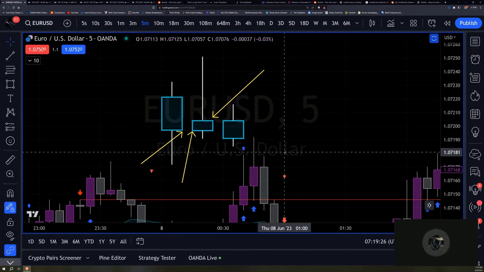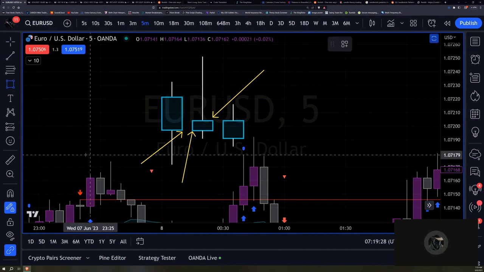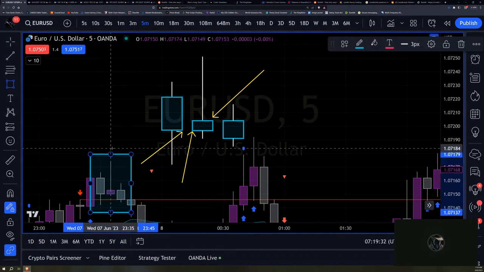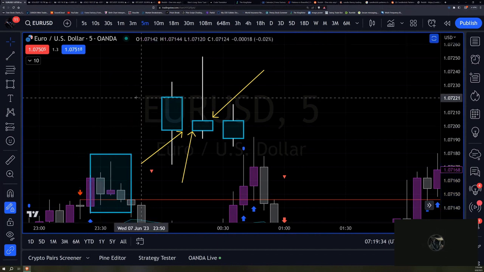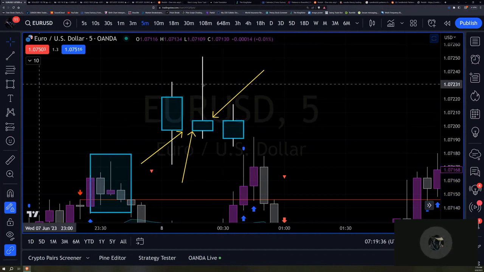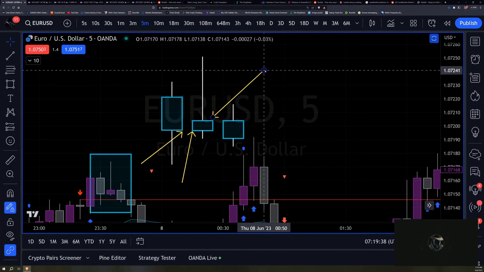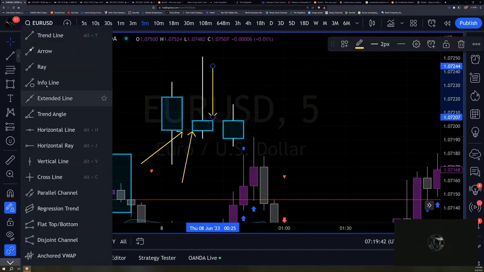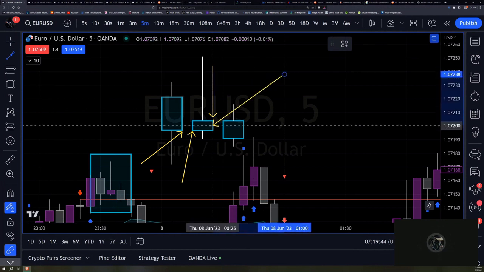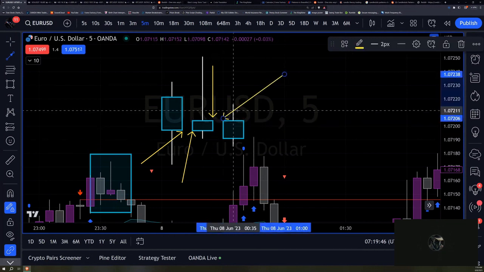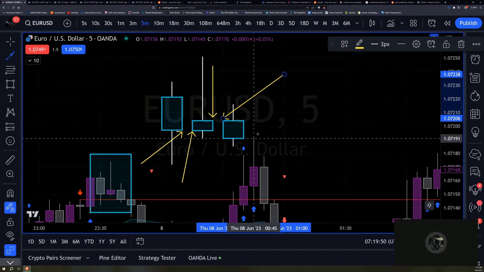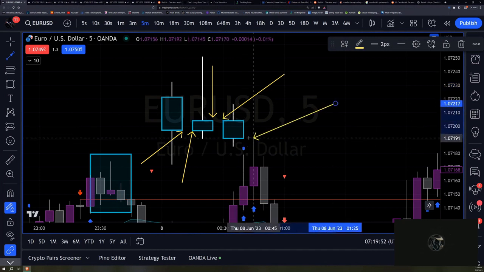So that's what the actual three candle formation looks like. As the candle exited there, the next candle entered right here, went at some point to the top of this wick, at some point to the bottom of that wick, and then exited here.